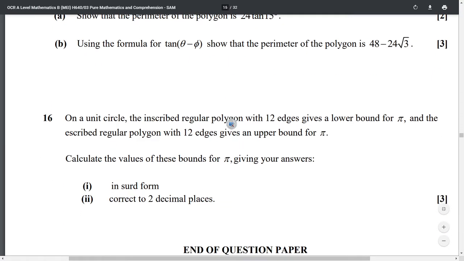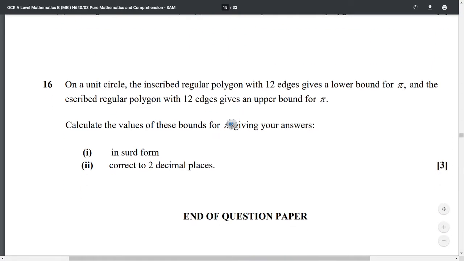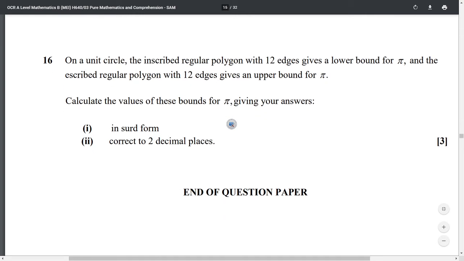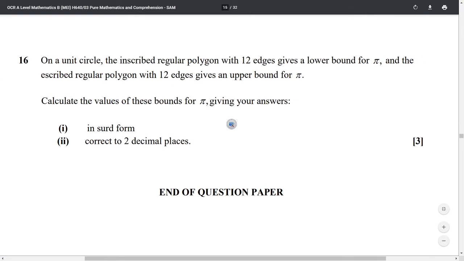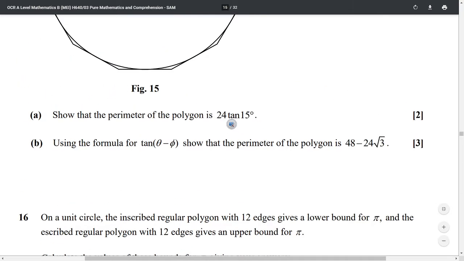16, on a unit circle. This is 3 marks. How? We could use our earlier. Yeah, the article probably has something to do with this. Like 12 edges.